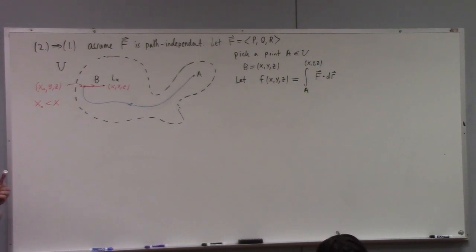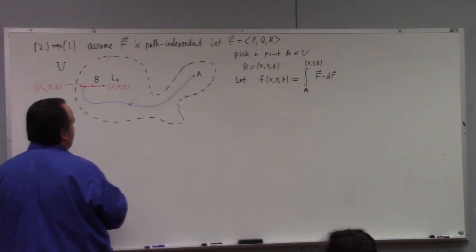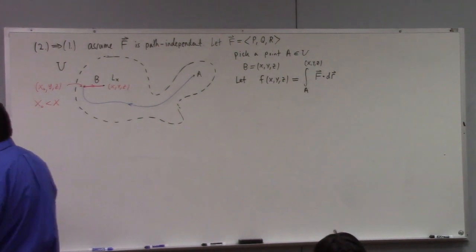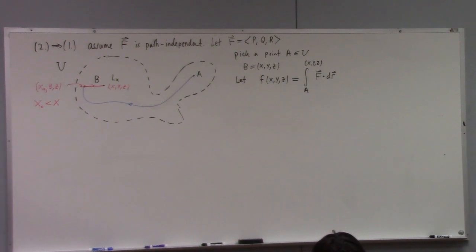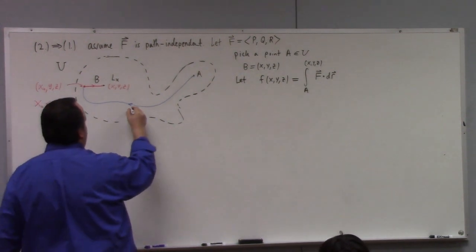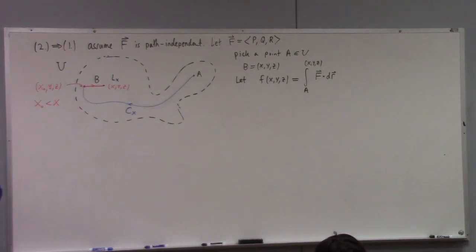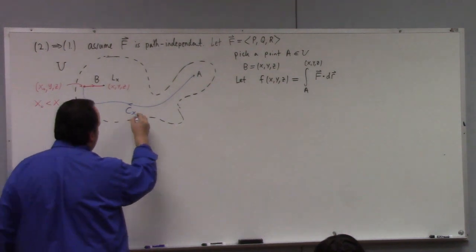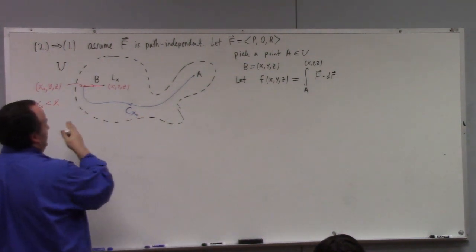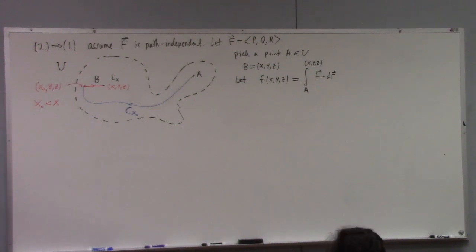So the trick here, a little trick, is that the blue curve, which I have a name for, I'm trying to remember what it was. My name was CX for that. Actually, maybe I should call it CX naught, because the blue curve doesn't depend on x directly.